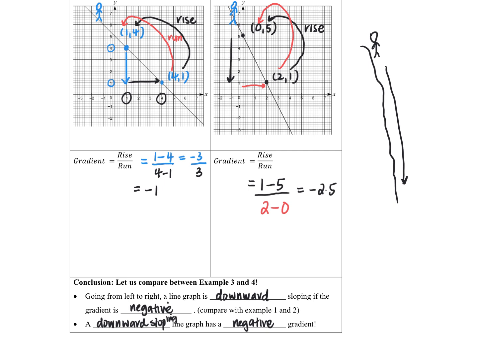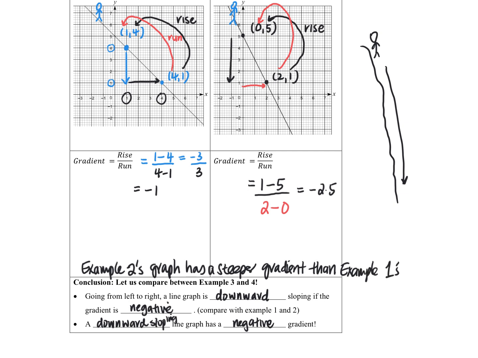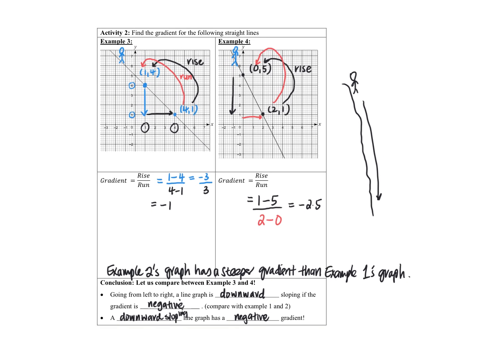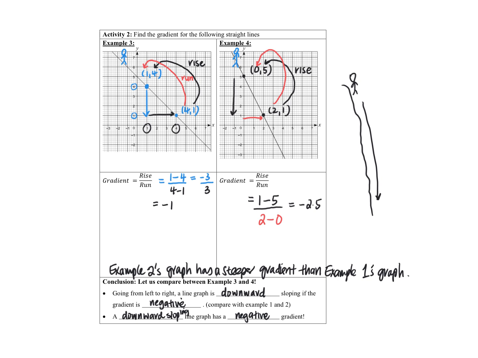If we compare these two, example 2's graph has a steeper gradient than example 1's graph. So this is the negative type. Just make sure you can differentiate them.